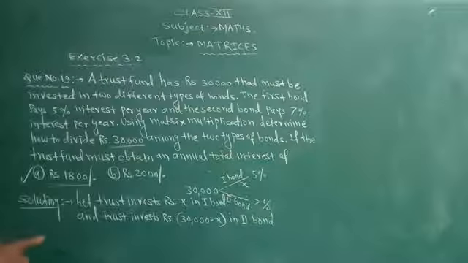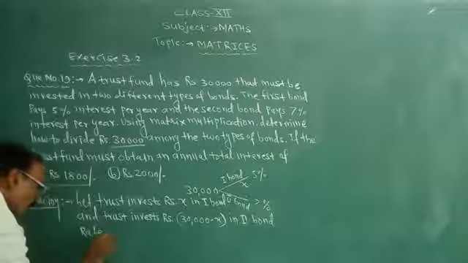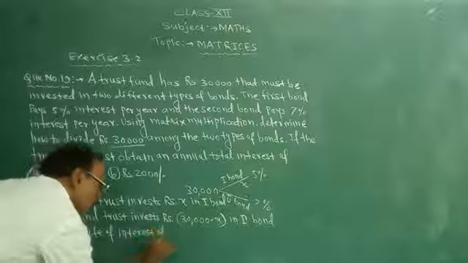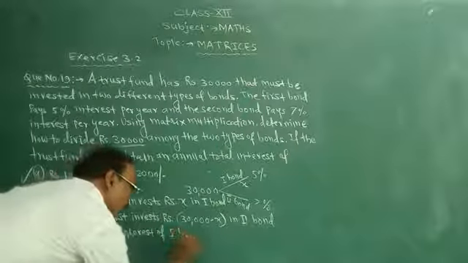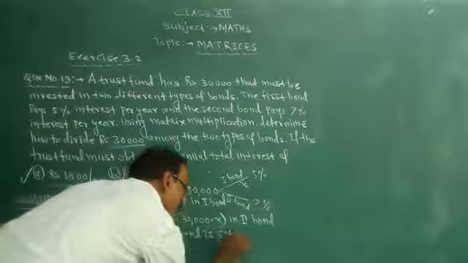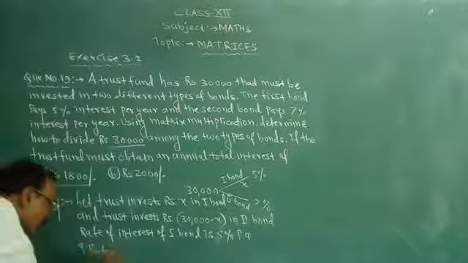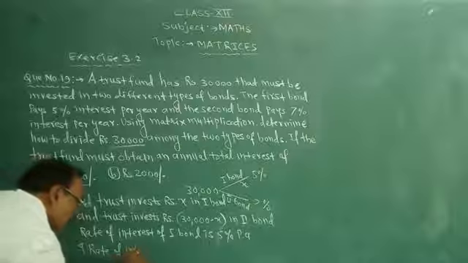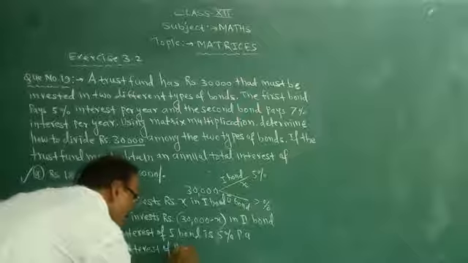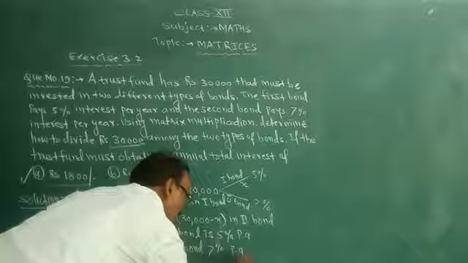Now the rate of interest of first bond is 5% per annum and rate of interest of second bond is 7% per annum.